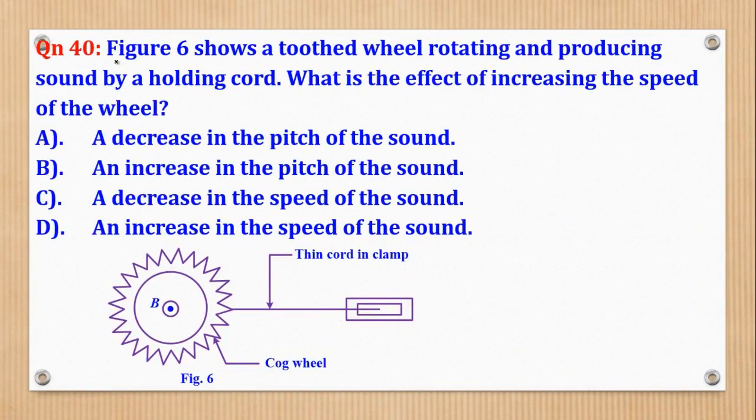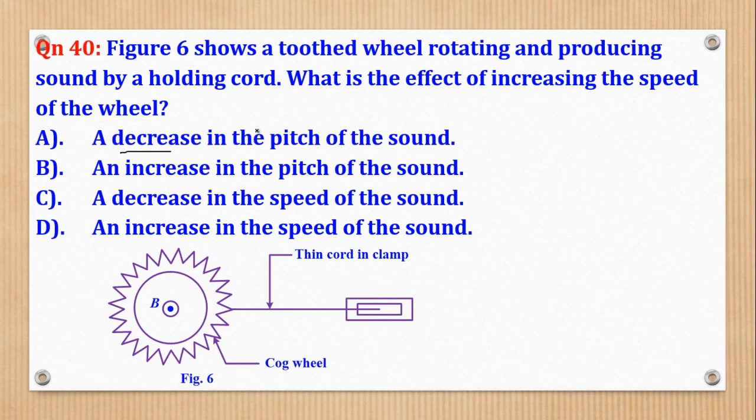Then question 40, figure 6 shows a toothed wheel rotating and producing sound by a holding cord. What is the effect of increasing speed of the wheel? So when you increase speed of the wheel, what will happen? Here I shall say a decrease in the pitch.